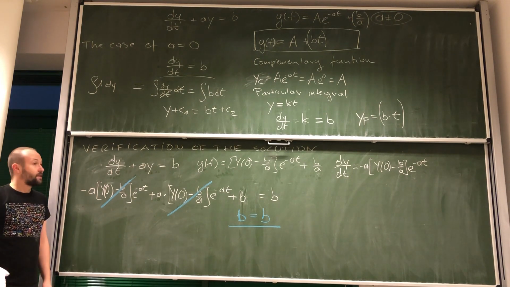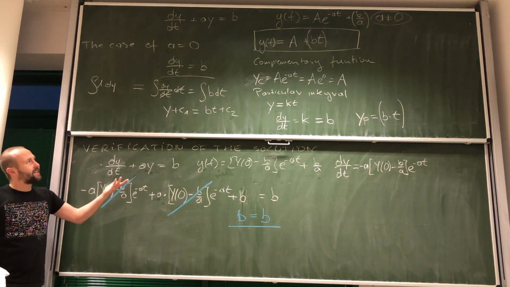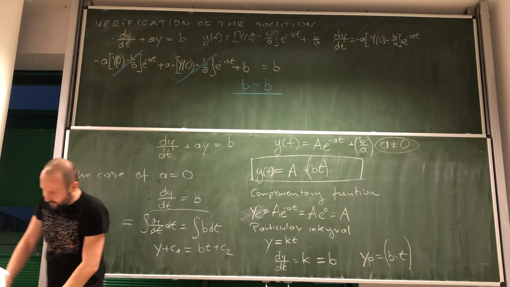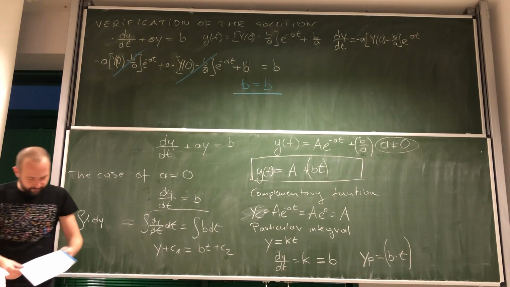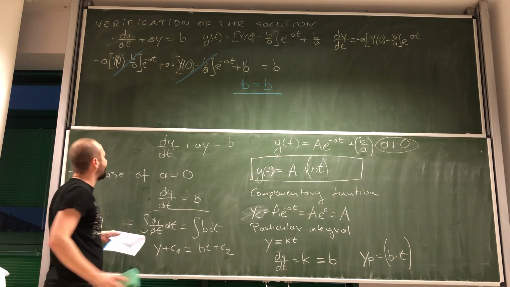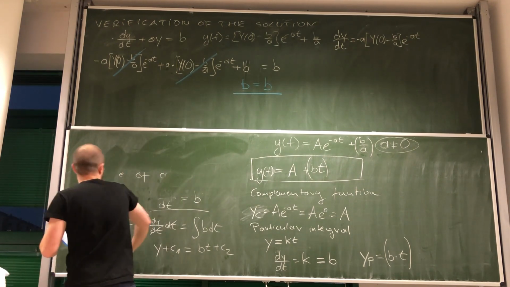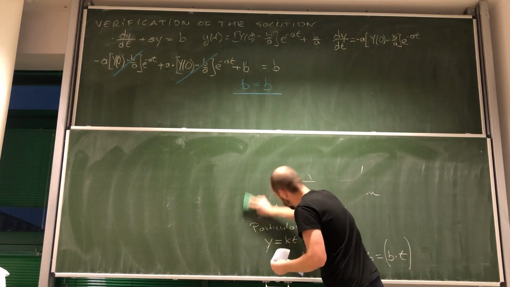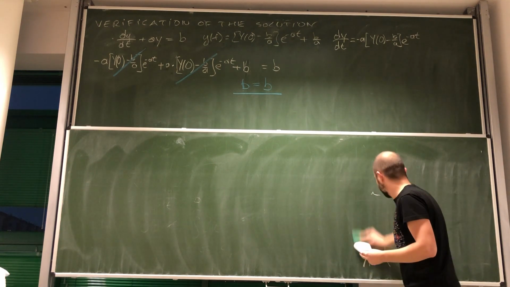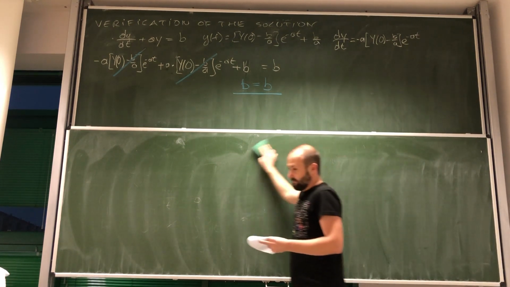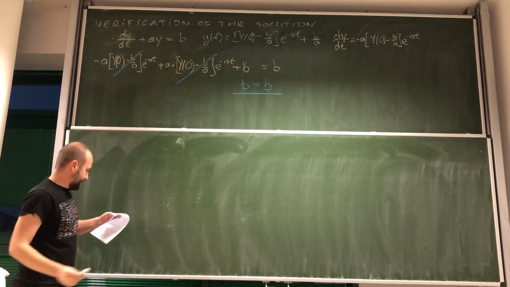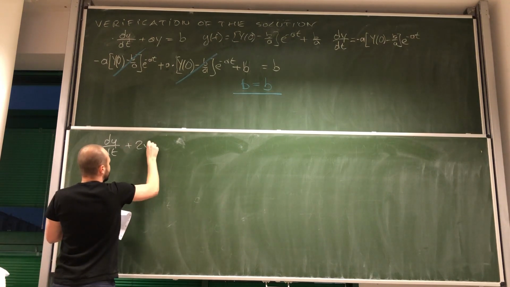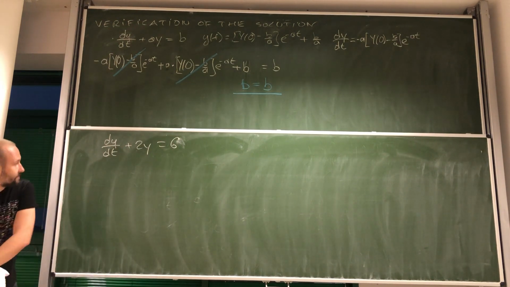Okay, so let's now do an example. Let's go back to the example we already solved, and let's verify that the solution that we've obtained actually works. So it is dy/dt + 2y = 6.